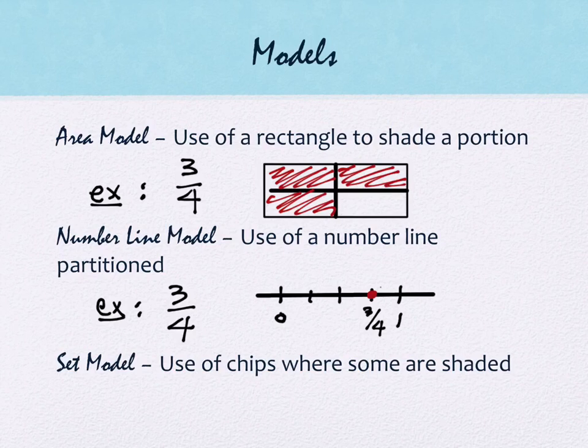And the last one, the set model, is much like we saw on the letter D, where it was the shaded in blue pieces versus the not shaded in ones. So if we have 3/4 here, we'd have our 3 circles shaded in and 1 circle not shaded in.